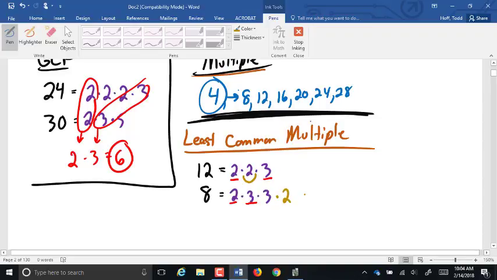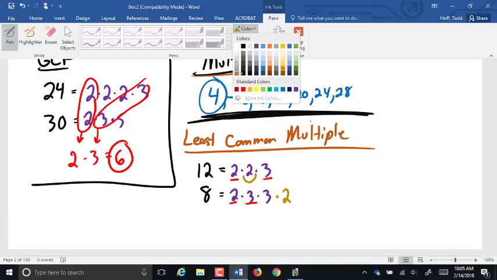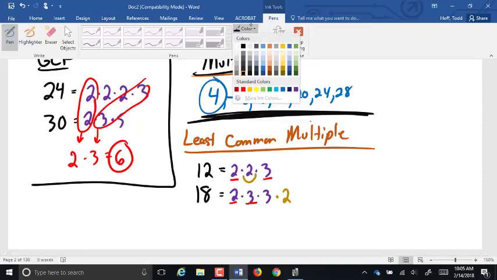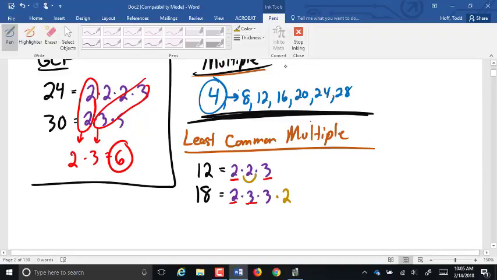So we put an extra 2 down there. Now they both have a 2 in common. What's the 18 have that the 12 doesn't? A 3. So we put the 3 up there. Now they both have a 3 in common.